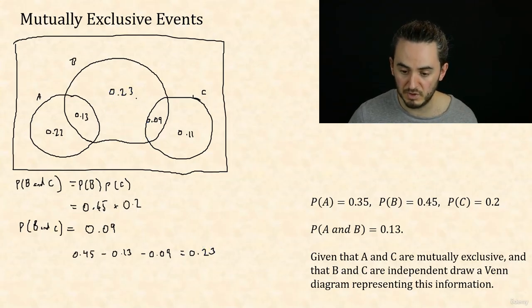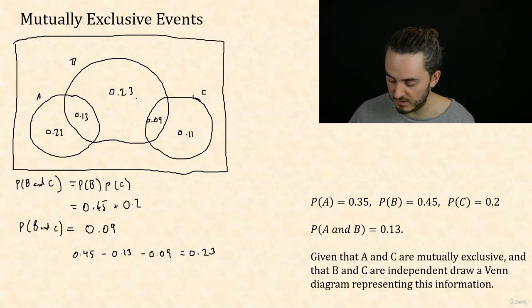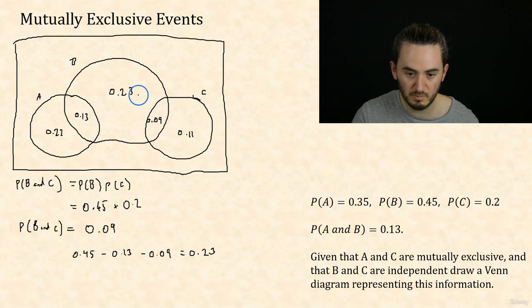Finally, in order to complete the Venn diagram, I just need the outside region, which is 1 minus all of the stuff I've got in my Venn diagram. The reason for that is the long known fact that all of your probabilities should add up to 1, and we get 0.22.